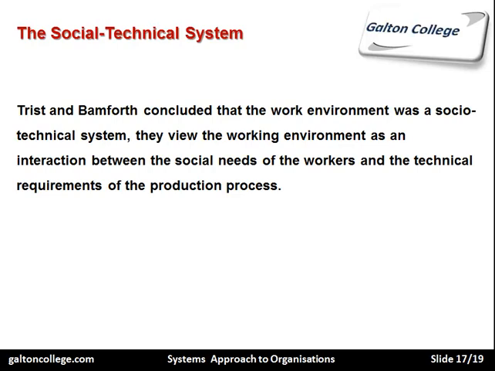Trist and Bamforth concluded that the work environment was a socio-technical system. They viewed the working environment as an interaction between the social needs of the workers and the technical requirements of the production process. So there was a tension.